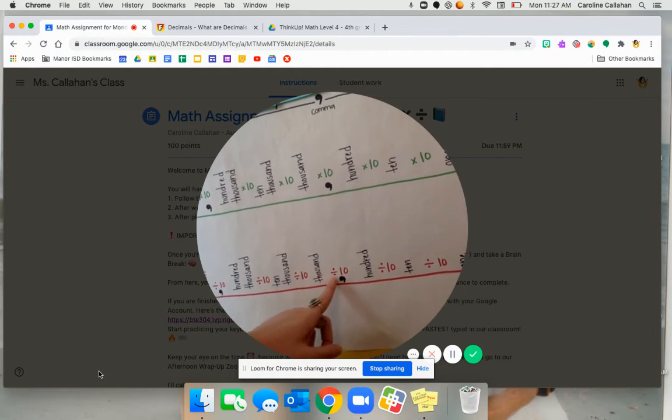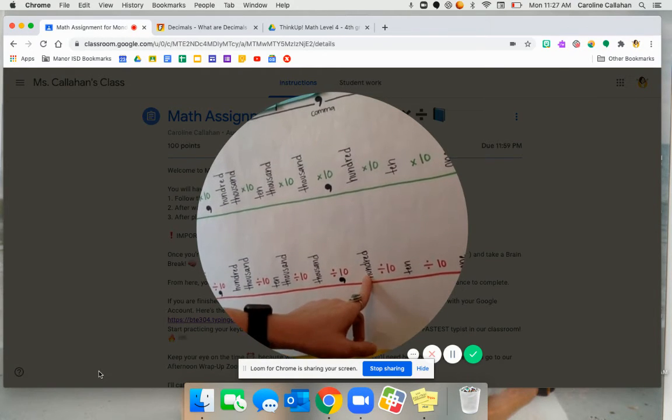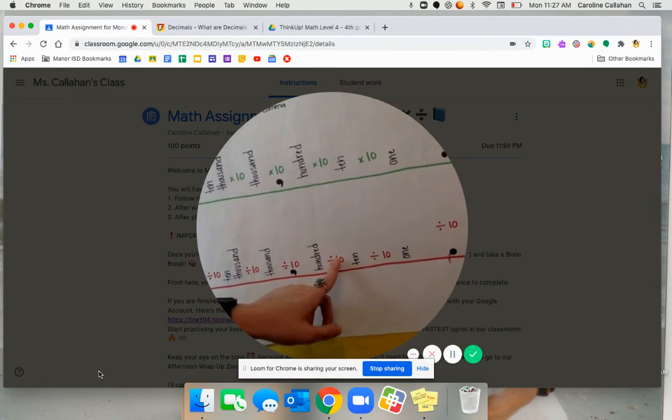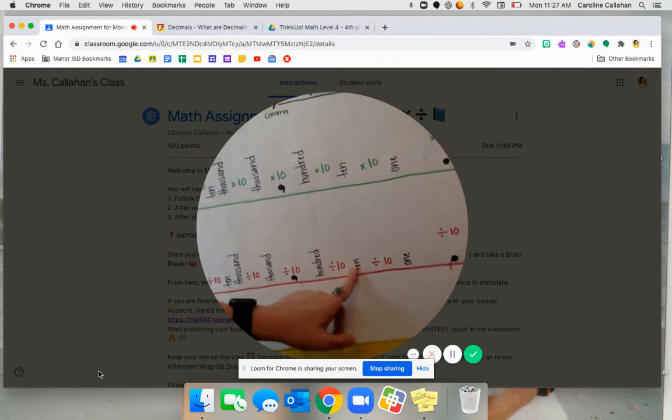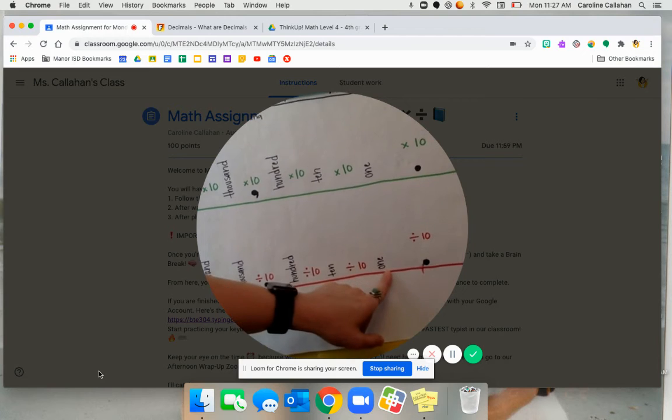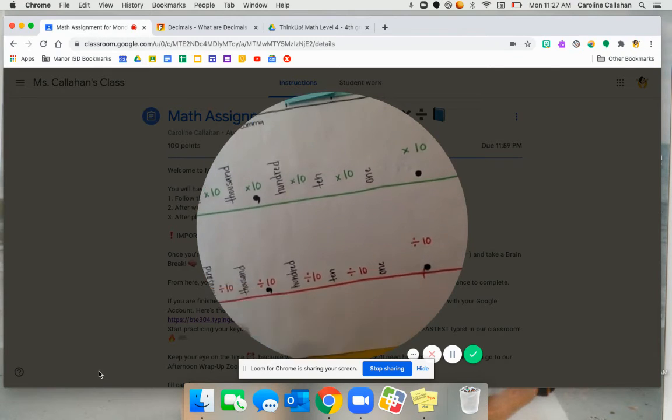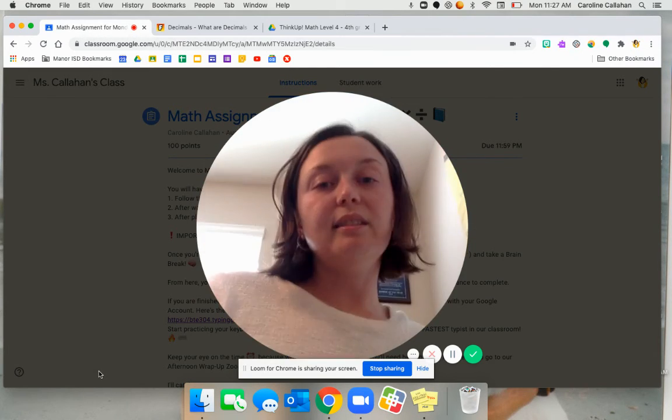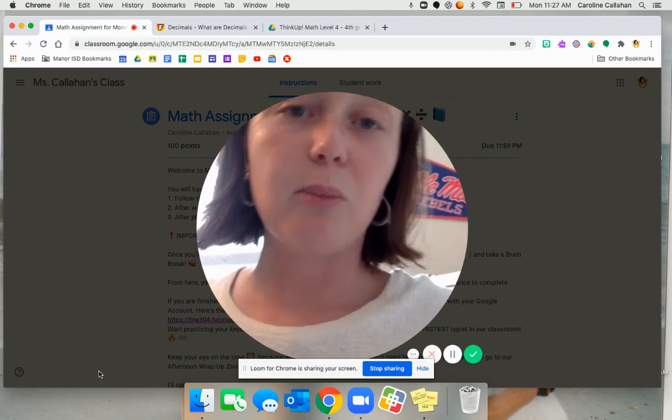So 1,000 divided by 10 equals 100. 100 divided by 10 equals 10. 10 divided by 10 equals 1.